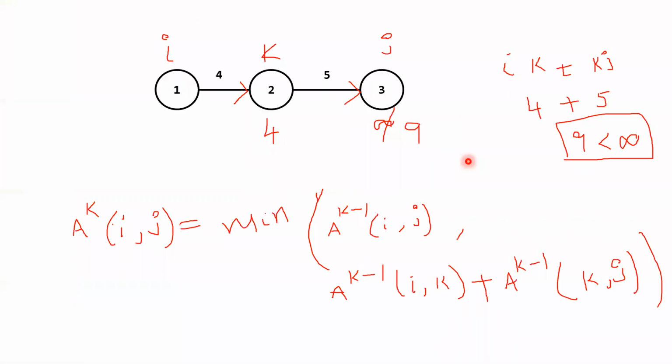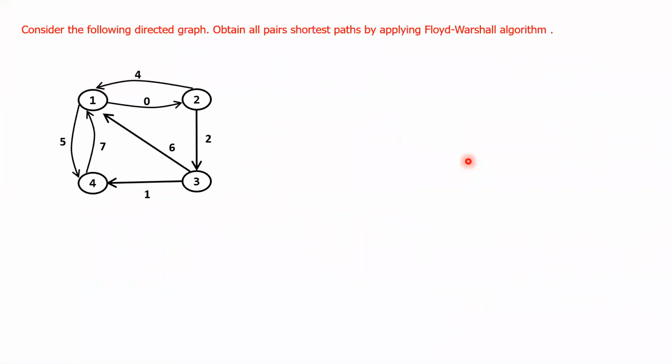Okay, so we'll start working out a problem. There has been given a directed graph. It's a weighted graph where each edge is associated with a weight.